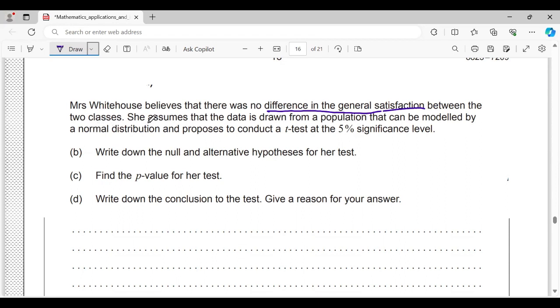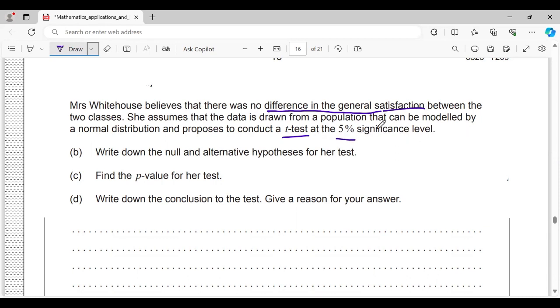She assumes that the data is drawn from a population that can be modeled by a normal distribution and proposes to conduct a t-test at the 5% significance level.